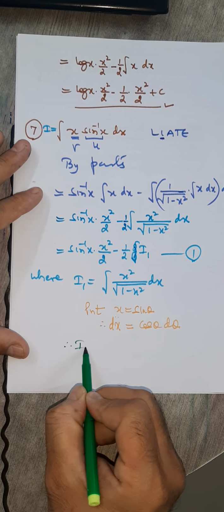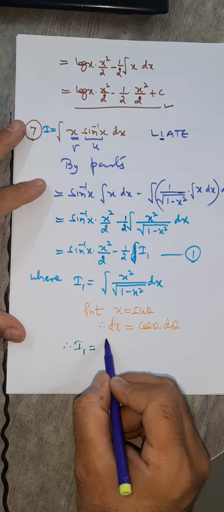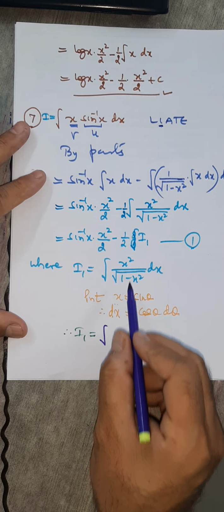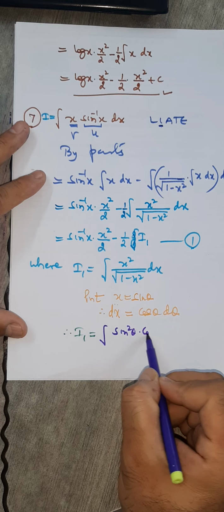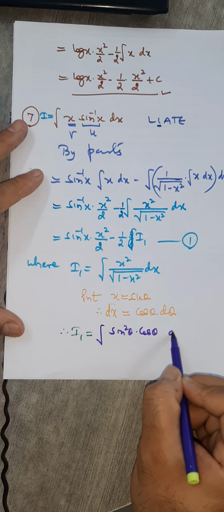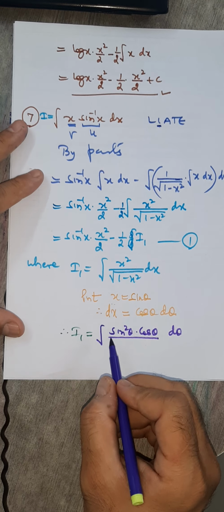So therefore the integral I1 reduces to x squared, which is sine squared theta, times dx, which is cos theta d theta, upon root of 1 minus sine squared.